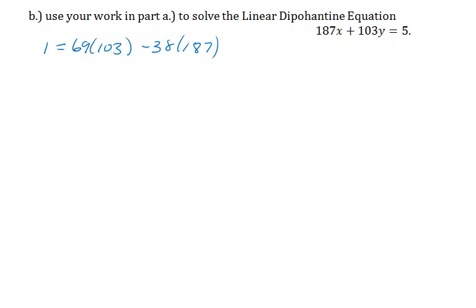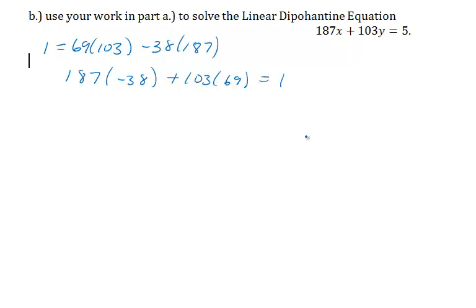So now we're going to use our work in part A to solve the linear Diophantine equation 187x plus 103y equals 5. And I've just copied our final answer from part A down. Now we want to rewrite this in the form of the equation we're given. So we have 187 times negative 38 plus 103 times 69 equaling 1.